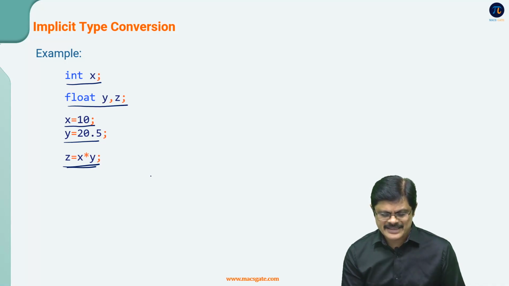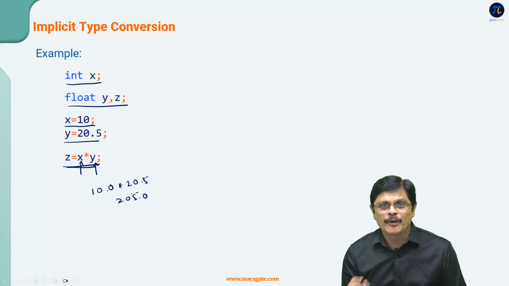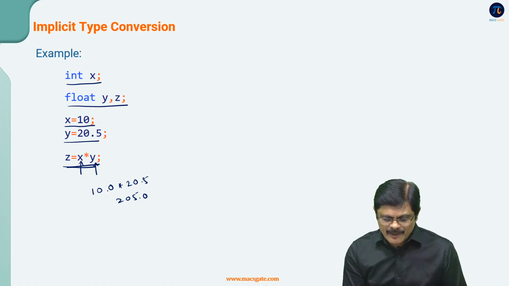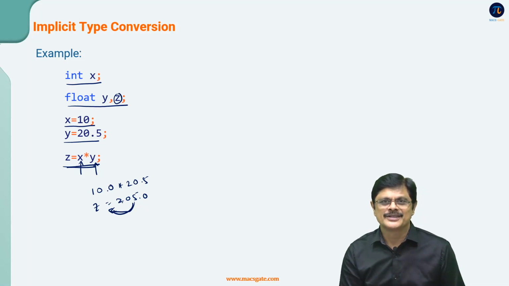Here, because y is float, this integer is also converted to float, that is, 10.0, and y is 20.5, and the multiplication is performed and you are going to get 205.0. Now, that value is assigned to z. z is float, so float is assigned to float. If you print the value of z, you are going to get 205, my dear friends.